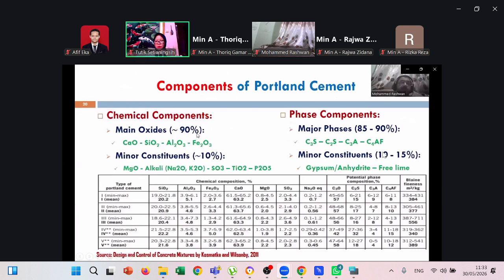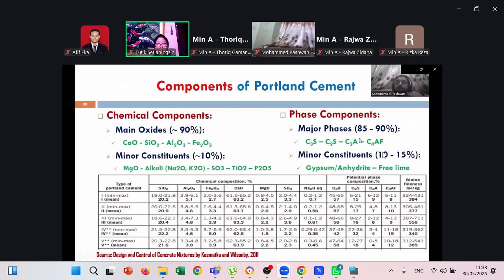So 90% of cement is composed mainly of calcium oxide, silicon dioxide, aluminum oxide, and iron oxide, while around 10% are minor oxides like magnesium oxide, alkalis, sodium and potassium oxide, sulfur trioxide, titanium oxide, and phosphorus oxide.